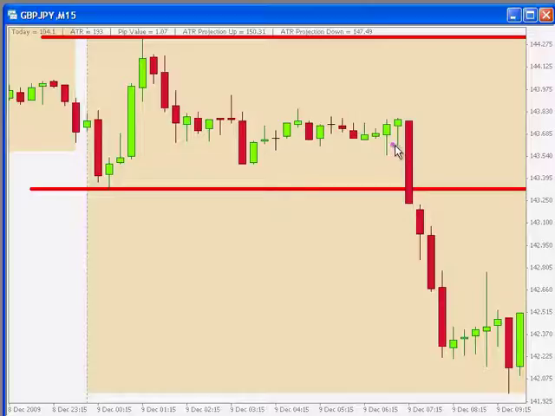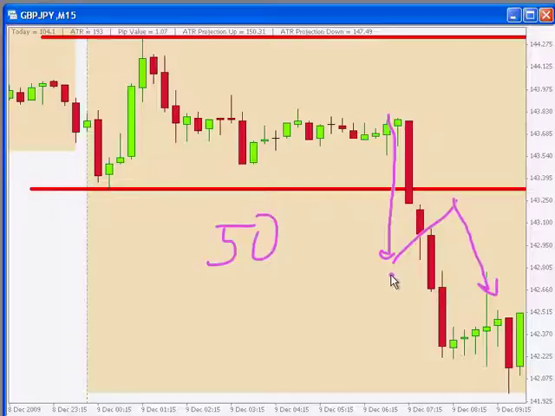Okay, let me recap a little bit. Let's assume the breakout drives price 50 pips away from the entry point. You don't want to wait for a full swing down and take your entry 50 plus pips away from the breakout point.